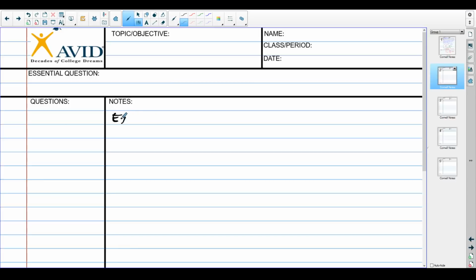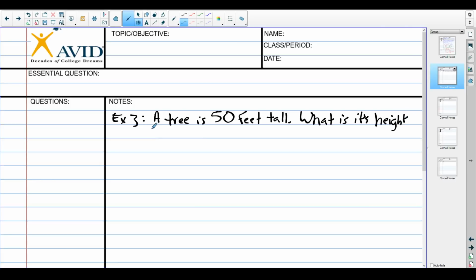Example 3. A tree has a height of 50 feet. I'm going to shorten this question. 50 feet tall. What is its height in meters?